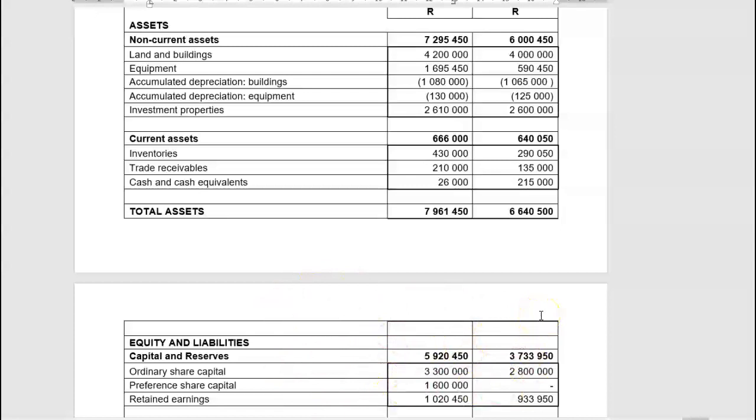Remember, think clearly in your head. Opening balance plus purchases, let's say that's bank, less on the credit side cost of sales and closing balances. So that is in a perfect world.